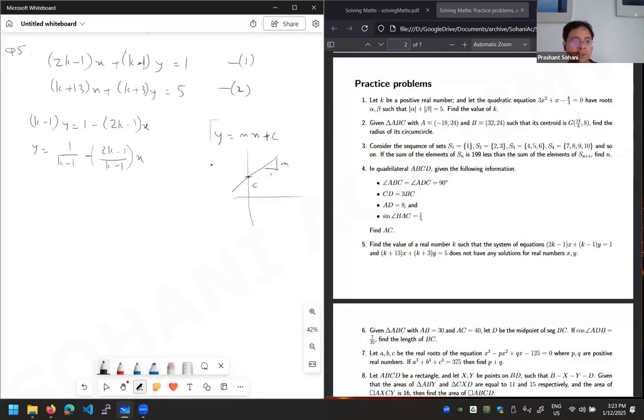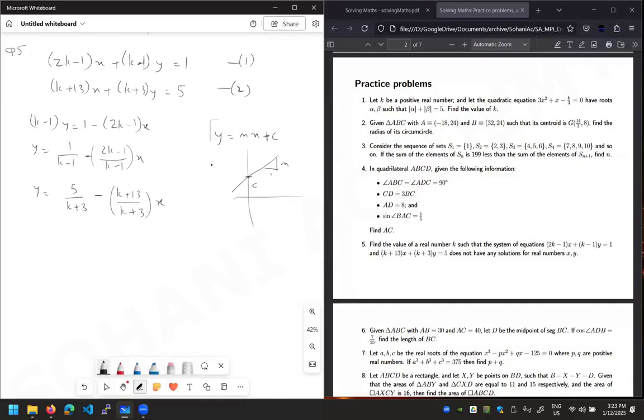Okay, and I can do the very similar thing to the other equation also to get y is equal to. Yes. Okay, then what do we do after this?